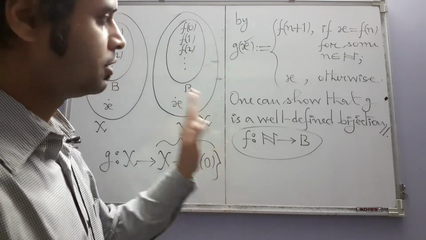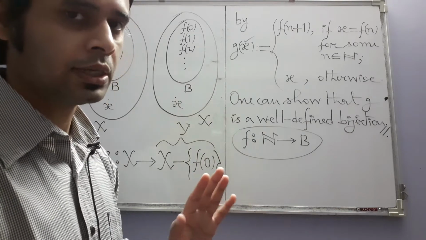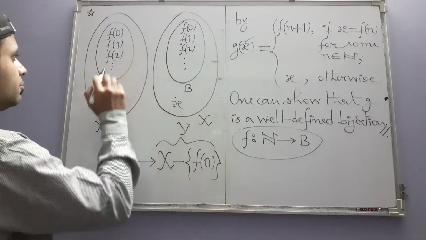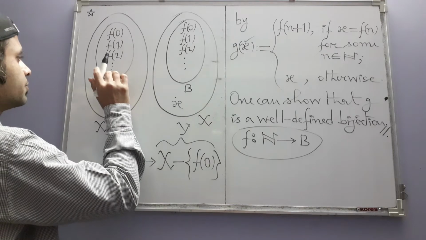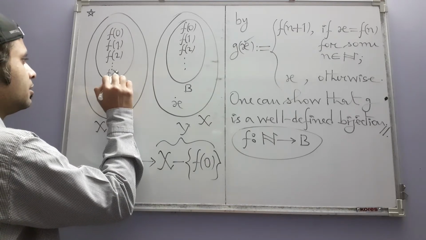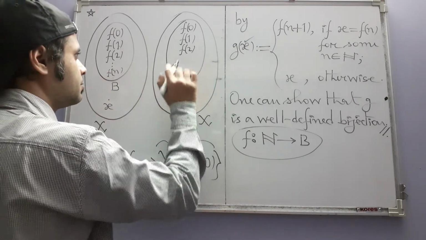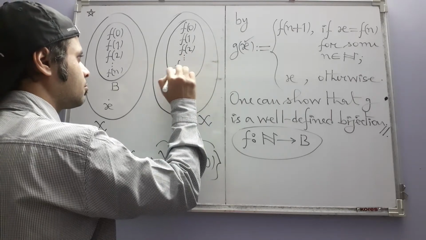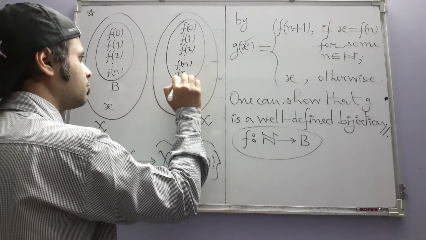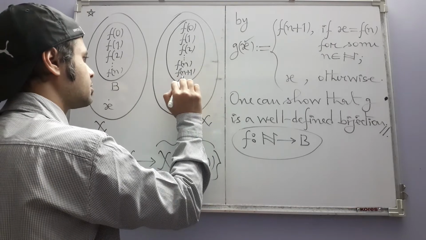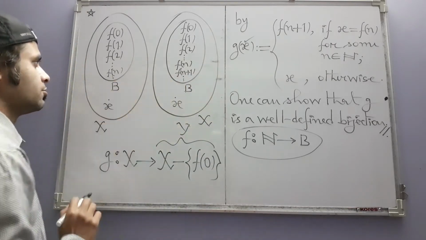That will not happen because the function is one to one, it's injective. So we have x here somewhere. Say we have f of n here and f of n plus 1, and it of course does not stop. It goes on forever.